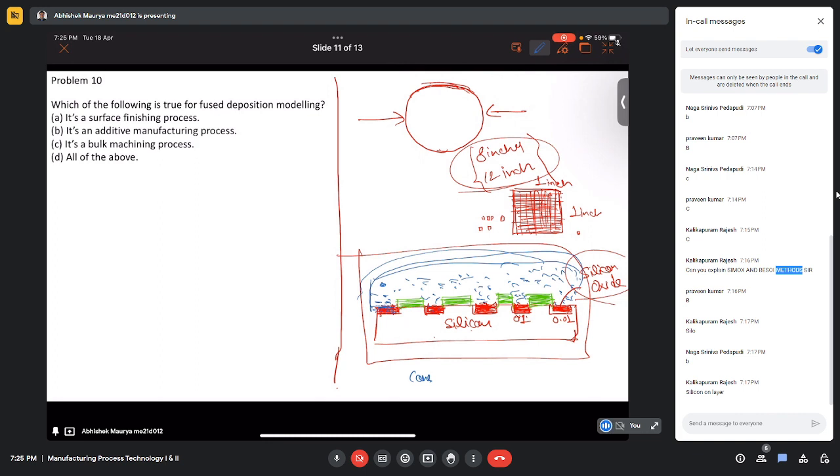These practical things decide up to what depth the oxygen will go and what the concentration of this silicon oxide will be.